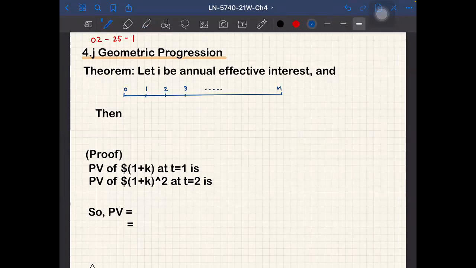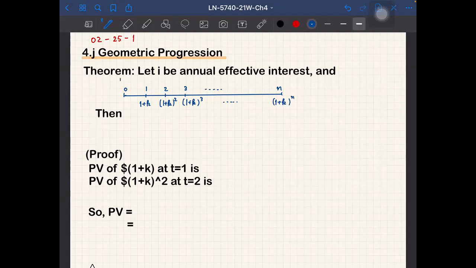The payment amount is 1 plus k at time 1, the square of 1 plus k at time 2, the cube of 1 plus k at time 3, and so on. Then at last, 1 plus k to the nth power.